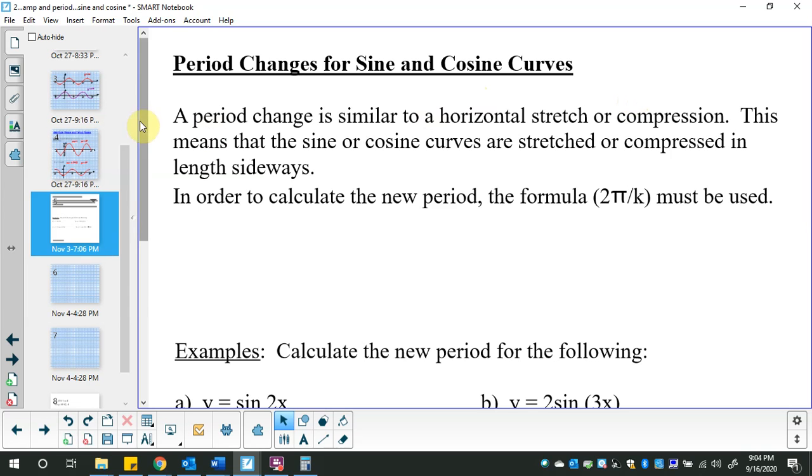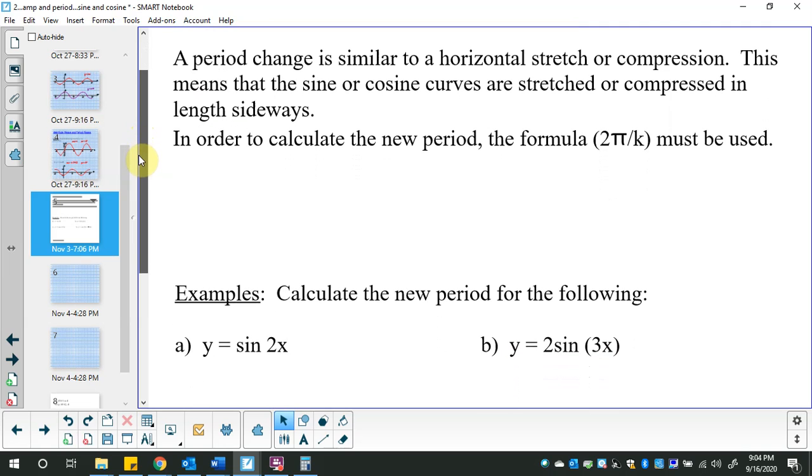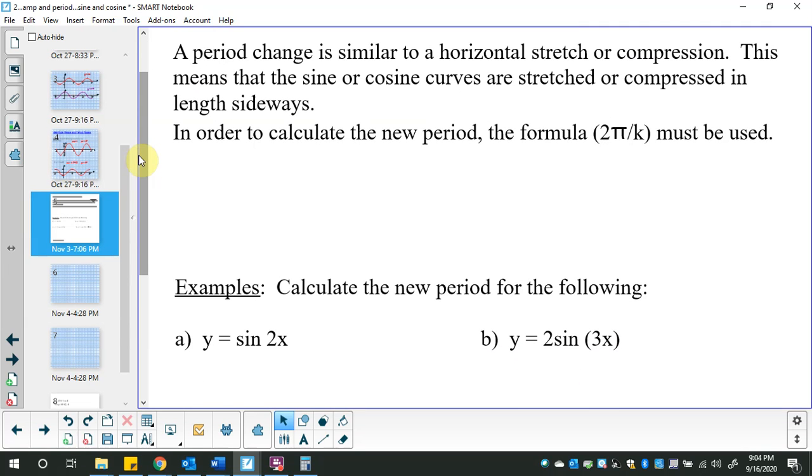In order to do the period change, it's not simply looking at it like it is amplitude. Instead, you have to put the k value from the equation into a formula, and the formula is sitting right up there in a bracket. You may have used a slightly different formula in grade 11.